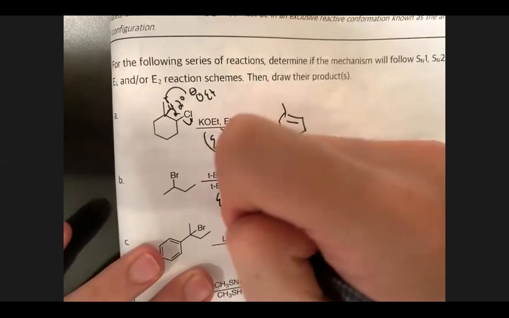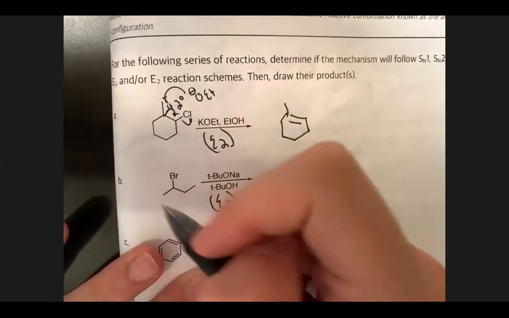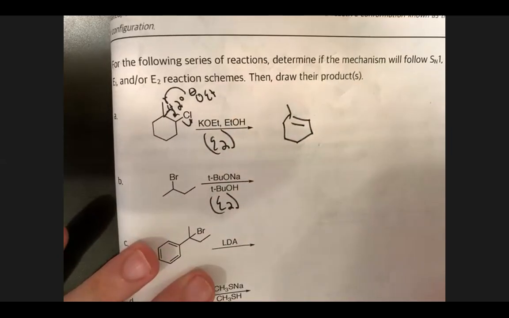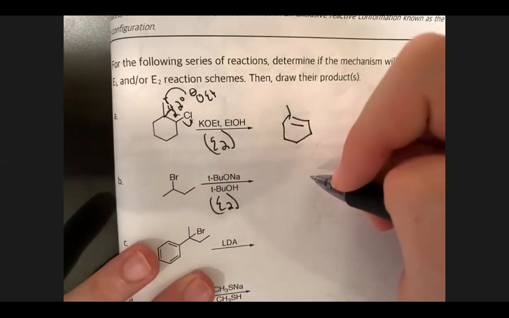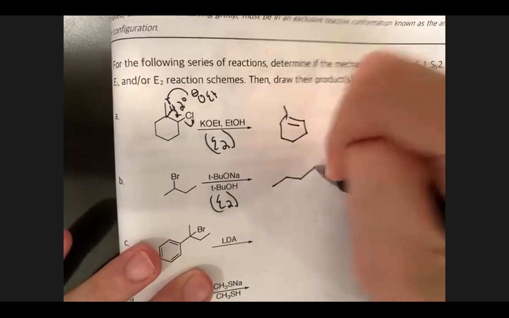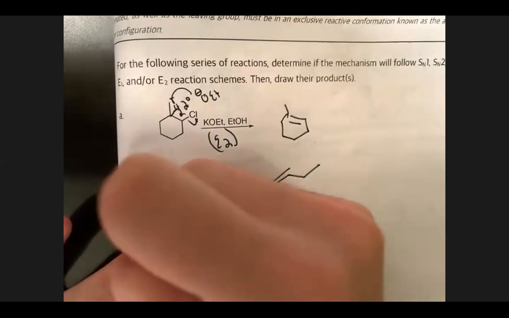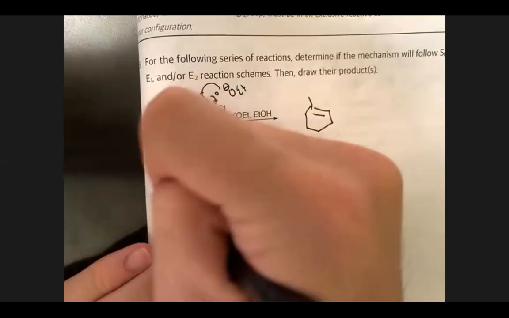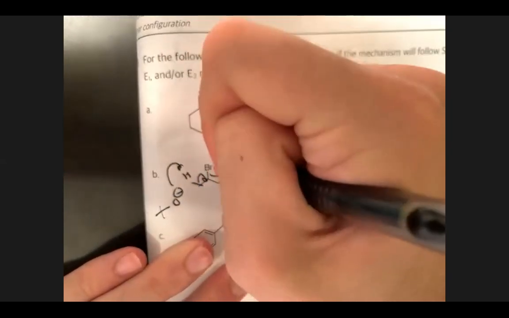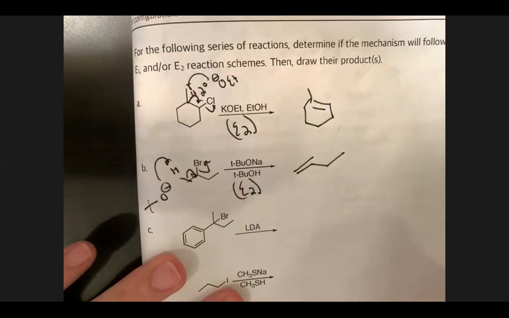Well, it's E2, because we're dependent on that base coming. Am I getting the Zaitsev or the Hofmann product? Hofmann. The reason it's Hofmann is this bulky base, which looks like this, can only remove from that side, and it's E2.